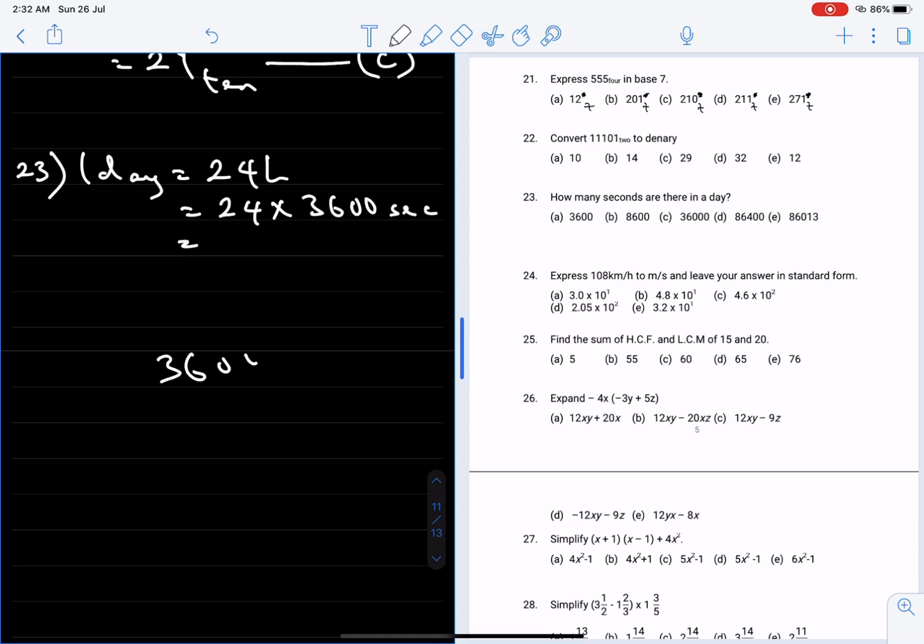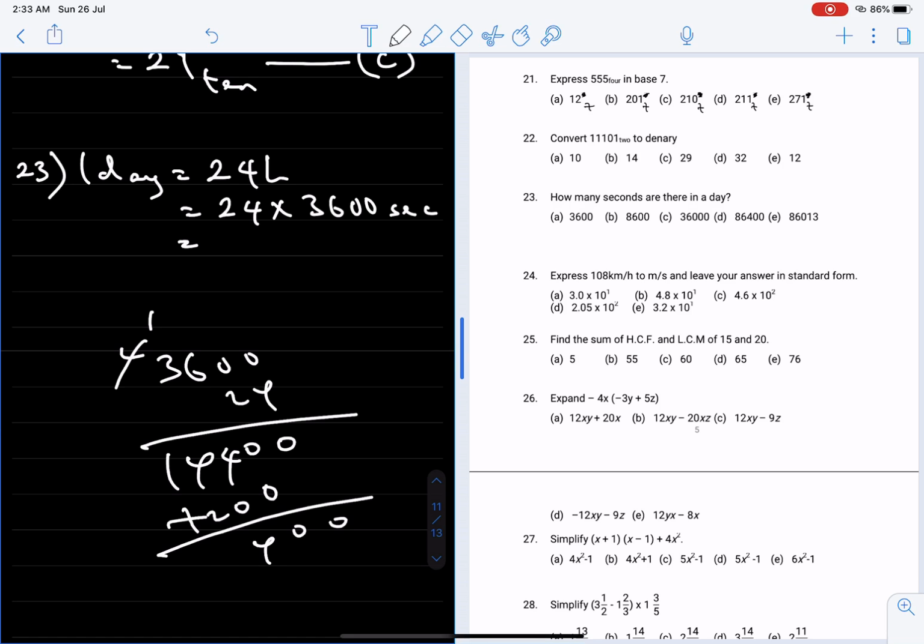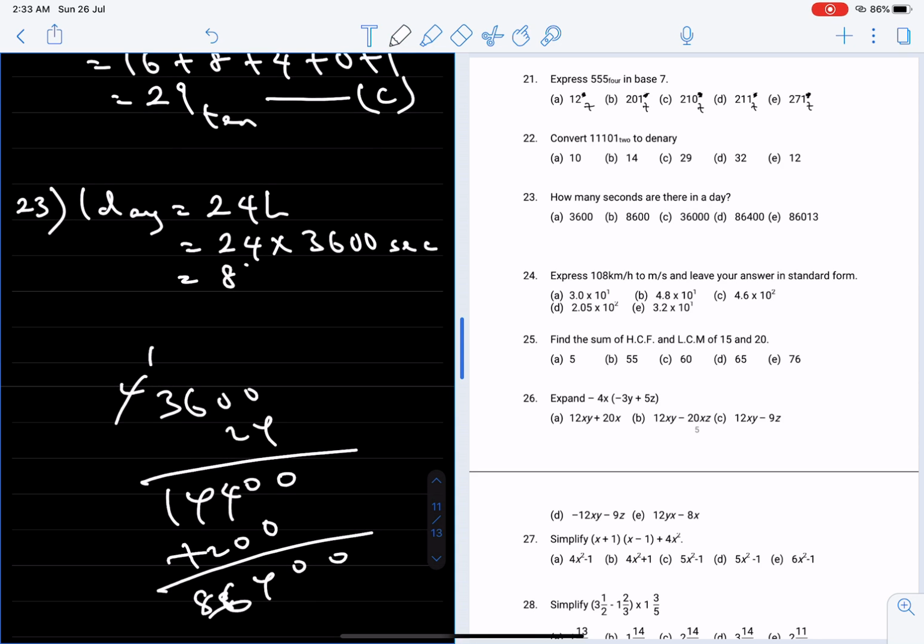So 3,600 times 24. 4 carry 2, 12, 14, and here we have 0, 0, 12, 2, carry 1, 6, 7. It becomes 6, 8. So that's 86,400 seconds. And what's the correct option? That's D. The correct option is D.